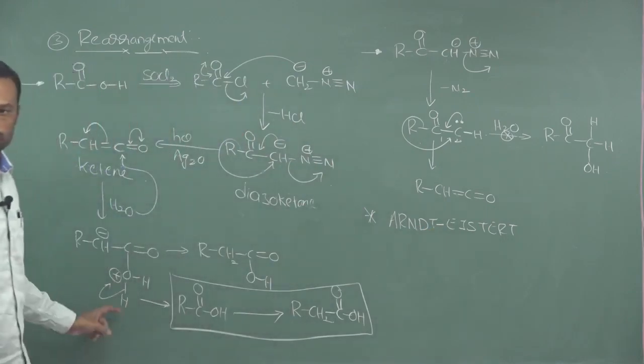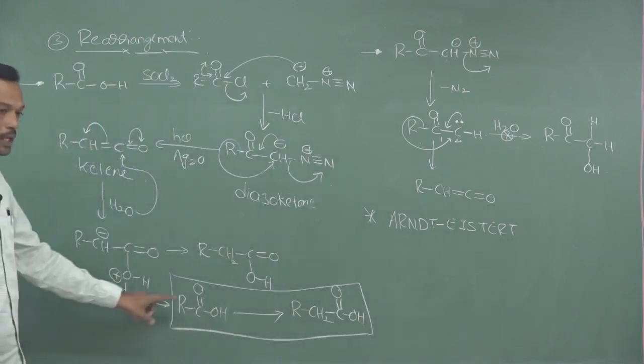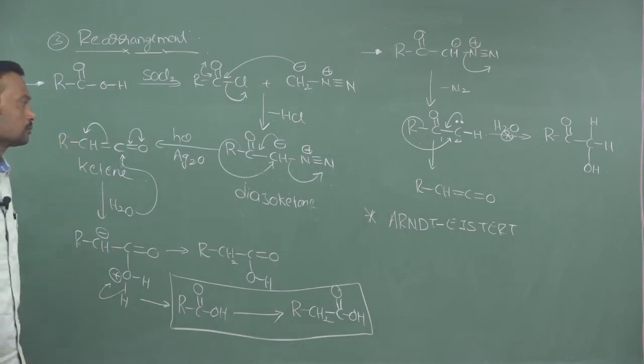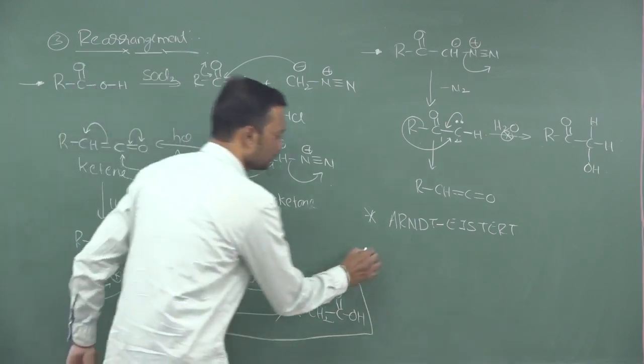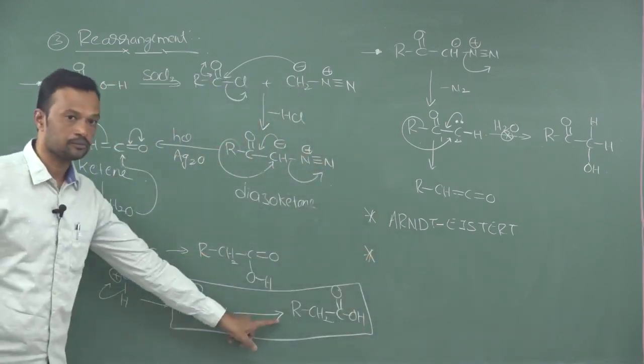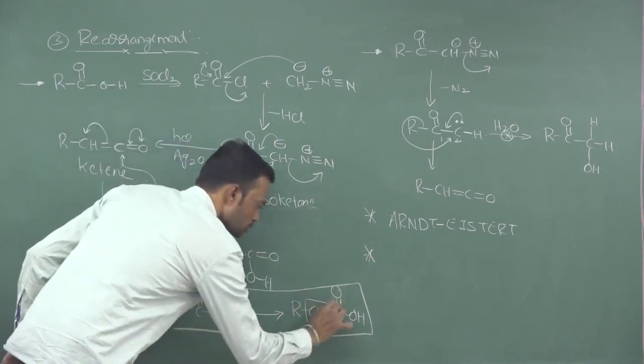Homologation of carboxylic acid is known as Arndt-Eistert rearrangement. Next, this is Arndt-Eistert, so you focus on the CH2.